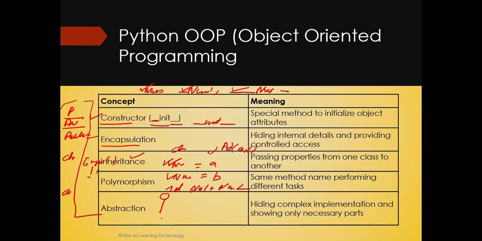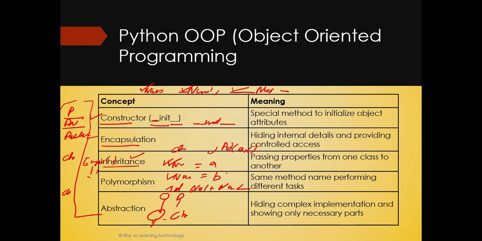A child usually inherits from its parent, inheriting the attributes of its parent class. That is the concept. We are going to cover it in more detail, but at a high level, inheritance is passing properties or methods from one class to another.